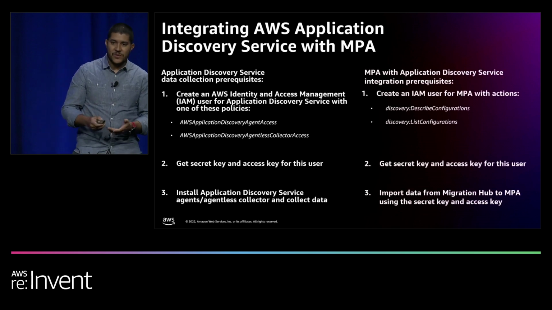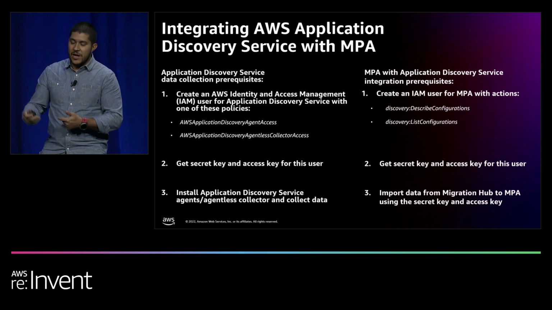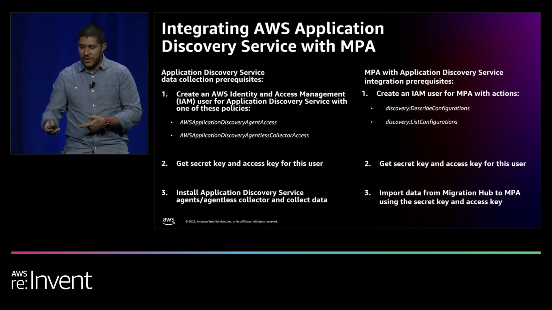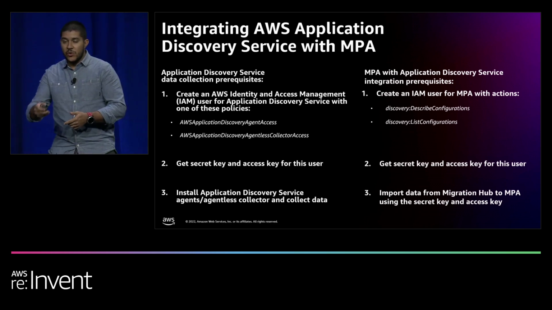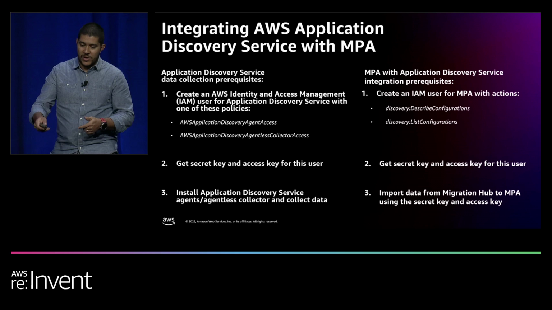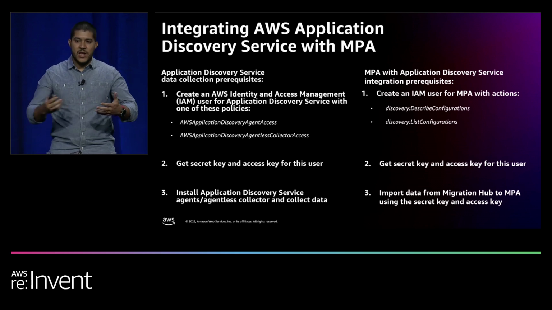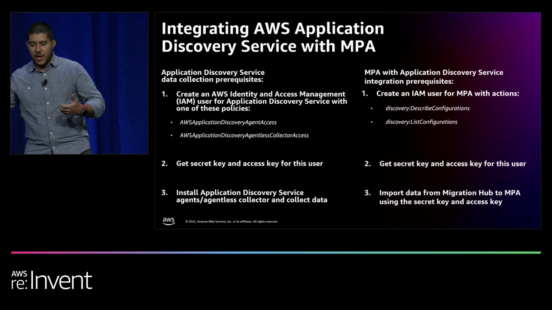But to integrate with MPA, we need to create another IAM user with those actions allowed, the describe configurations and list configurations. Those policies, those rules, will allow the MPA to get data from Migration Hub and publish into MPA.